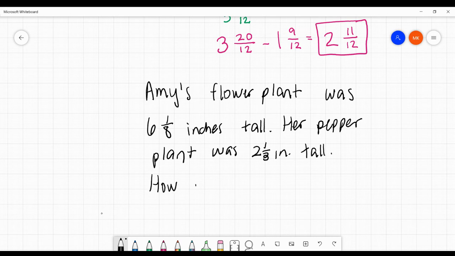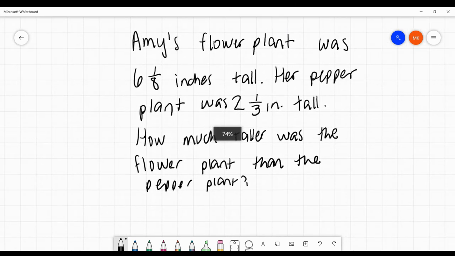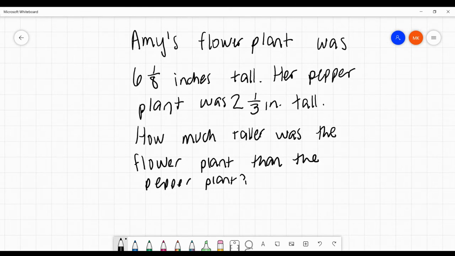How much taller was the flower plant than the pepper plant? All right, and let me make that number a little bit easier to see. That was 2 1/3. All right, so pause here, go ahead and solve this problem, and then come back to check your answer.